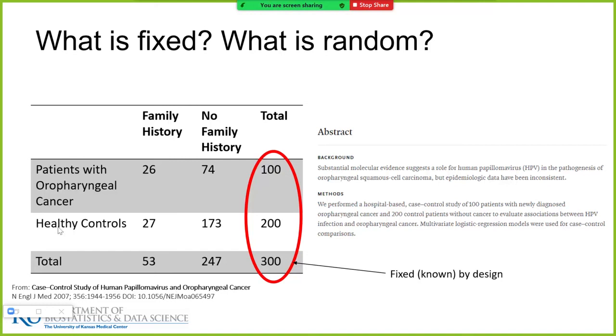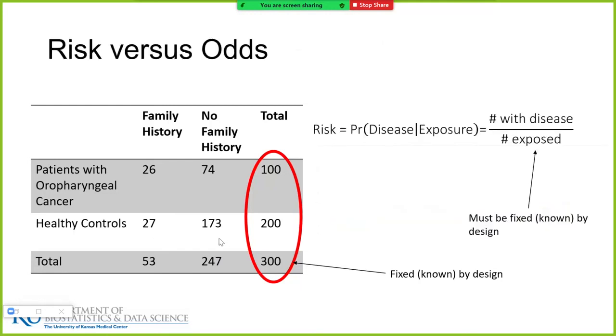Disease versus healthy. If we were to calculate risk of disease, we would need these things to be fixed, but they're not. What's fixed is this. All of this other stuff is random. And so that is why we would not want to calculate risk here, because the denominator of the calculation is not known or fixed by the design.